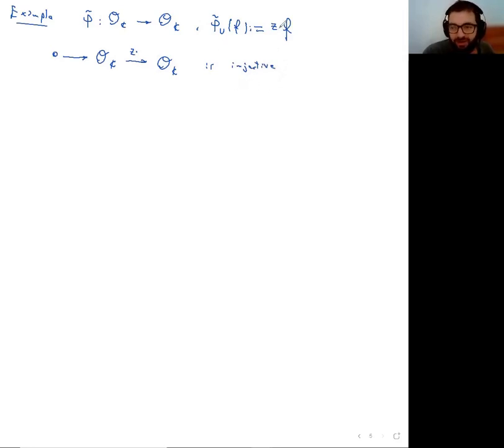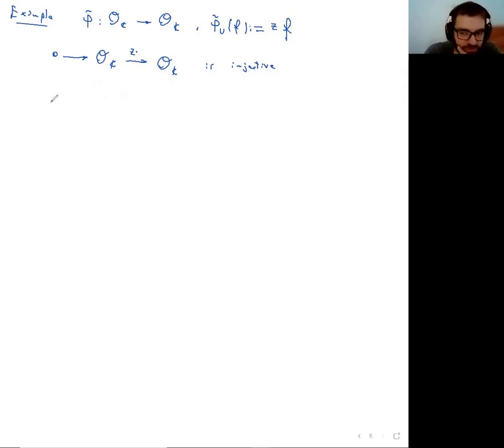The only place where it looks like it's not injective is 0. But when we're looking at stalks, you look at the local thing. Being 0 at a point doesn't force you to be 0 everywhere. So it still is injective.